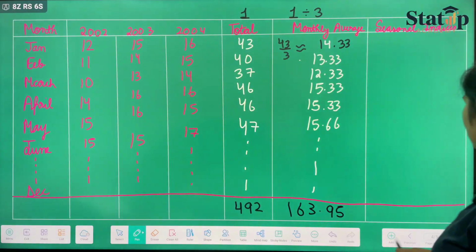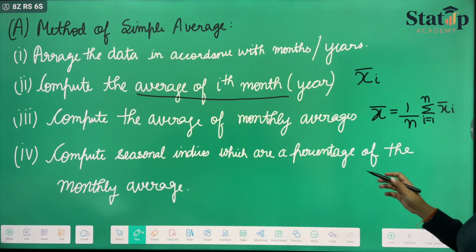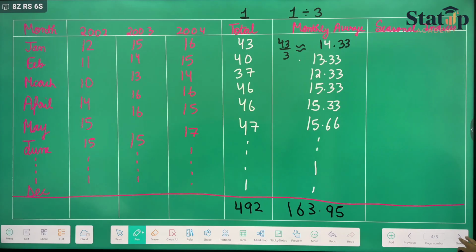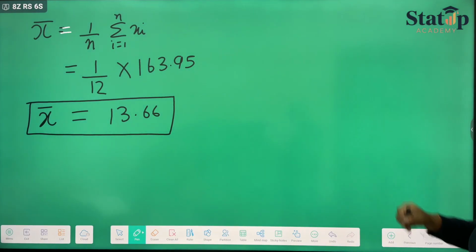Now, how do we calculate the seasonal indices? Seasonal indices are the percentage of the monthly average. So this is the monthly average.